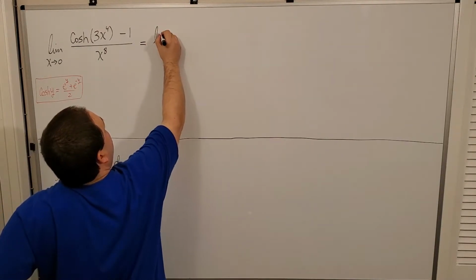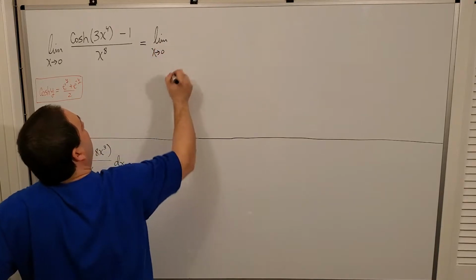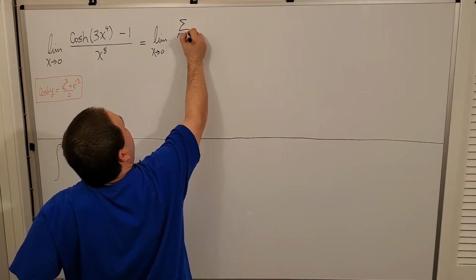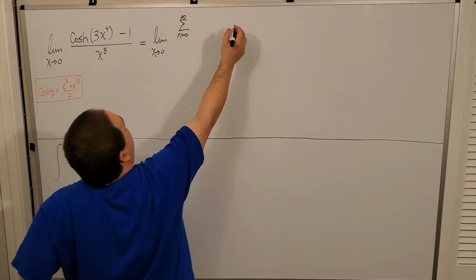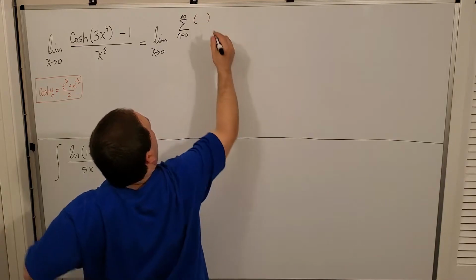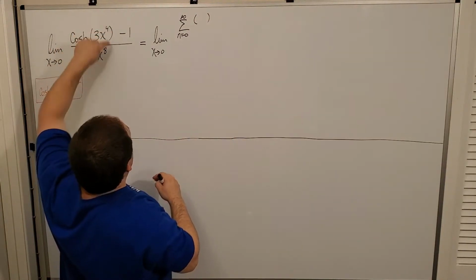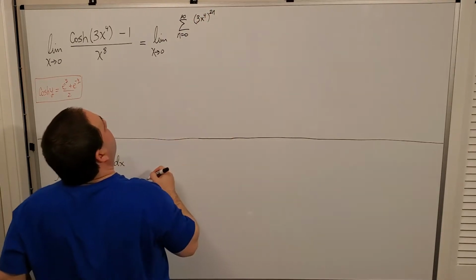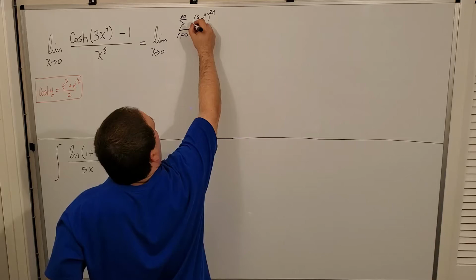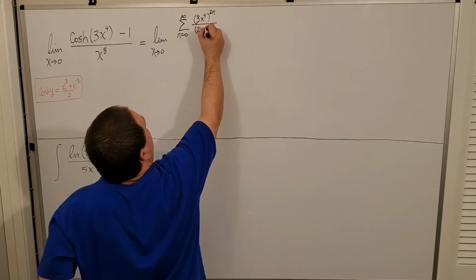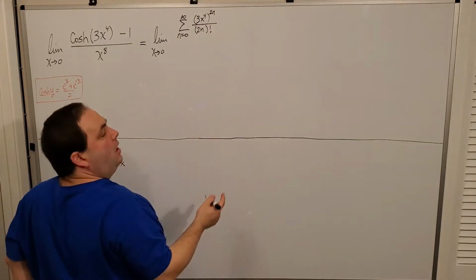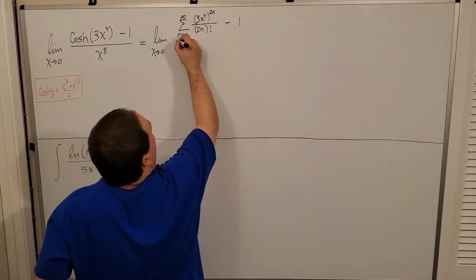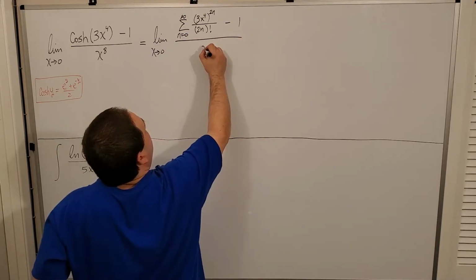This will be the limit as x goes to 0 of the summation from n equals 0 to infinity of x, quote unquote x, in this case 3x to the 4th, to the 2n divided by 2n factorial. And it's not alternating, whereas normal cosine would have been. The minus 1 is still out there, and my denominator is still x to the 8th.